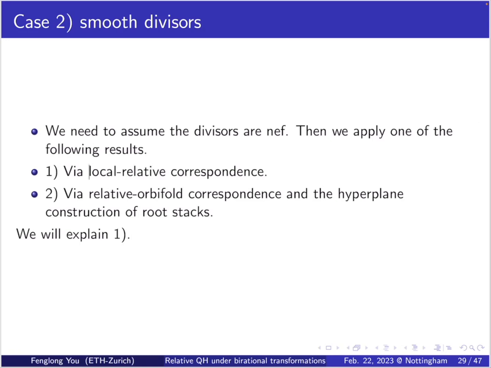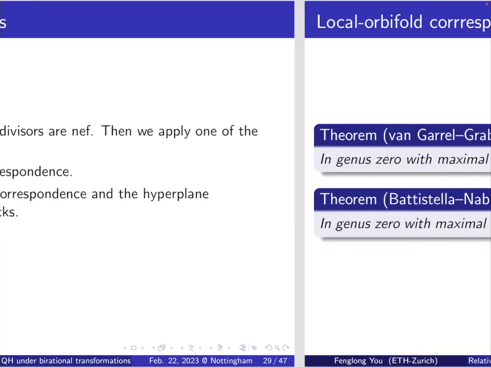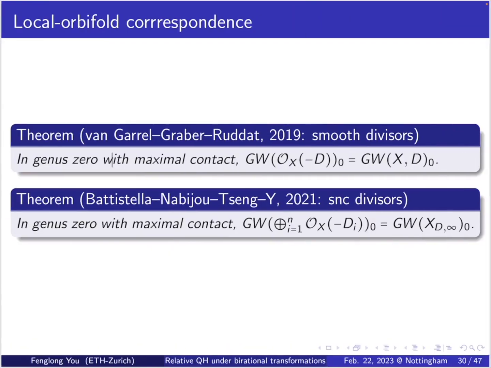This local-relative correspondence means that if we consider a smooth pair, then the relative Gromov-Witten invariant in genus 0 with a maximal contact order would be the same as the genus 0 Gromov-Witten invariants of the total space of the bundle. So to study Gromov-Witten theory of the pair, you can study Gromov-Witten theory of the total space of the bundle. And there's a generalization of the result, which is not important right now.